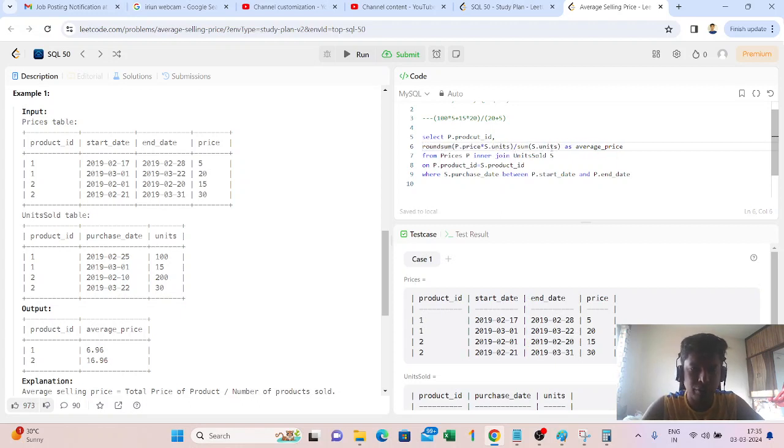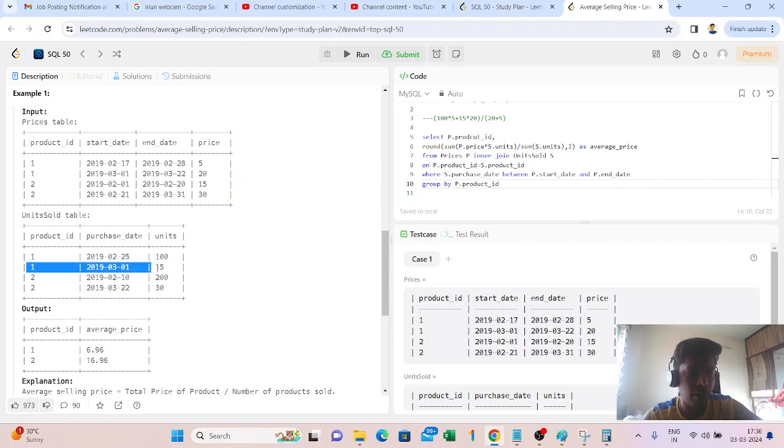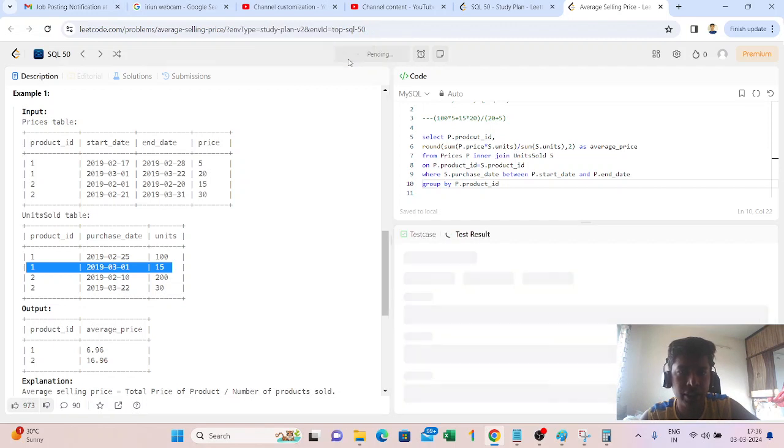In the previous question also we did a round clause. It is very simple: just give round, a comma, and the number of decimal places you have to consider. Then we also have to take a group by P dot product ID, because sum is there and we have to count the number of units in a particular group. So divide the table by product ID. There would be two divisions, 1 and 2, and for each it will count the total number of units. I will run this and see.